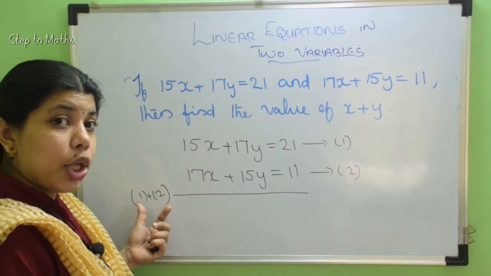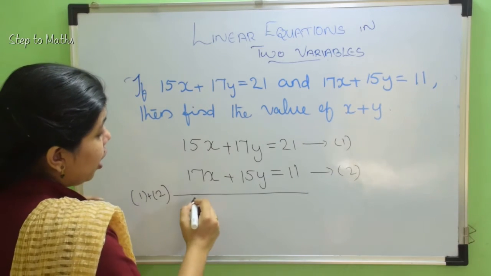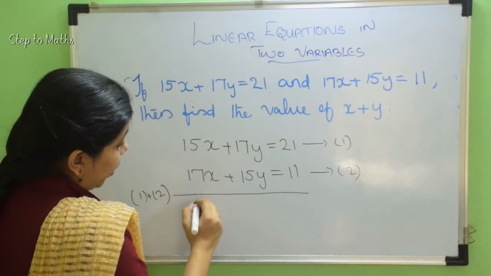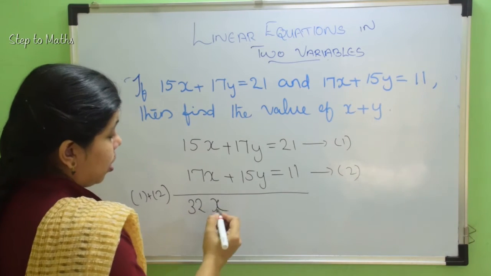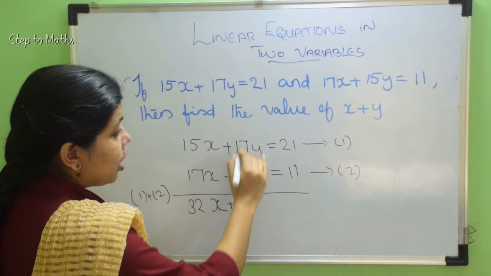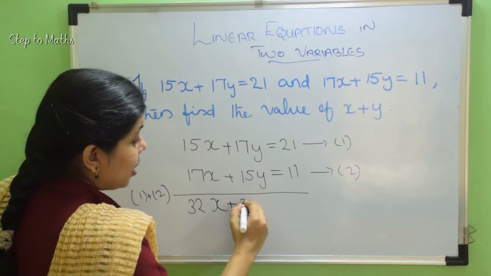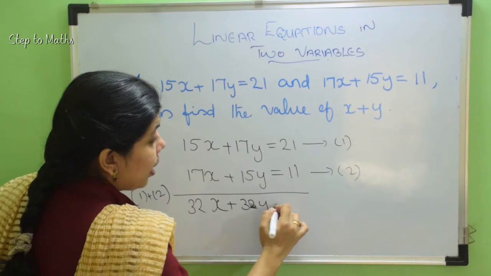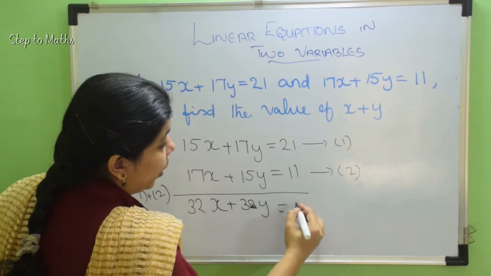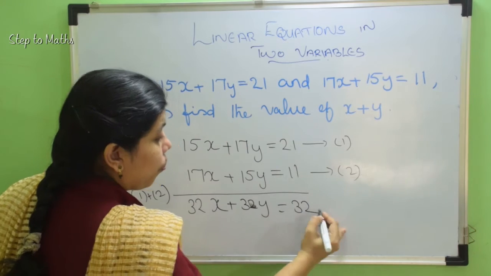Equation 1 plus equation 2. 15 plus 17 is equal to 32x plus 17y plus 15y is 32y equal to 21 plus 11 is equal to 32.